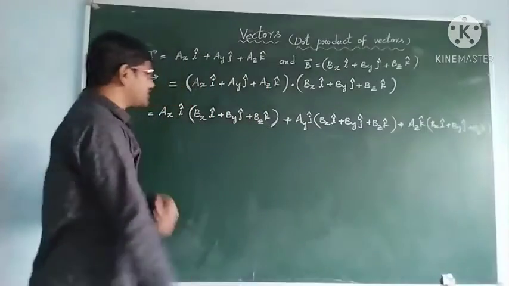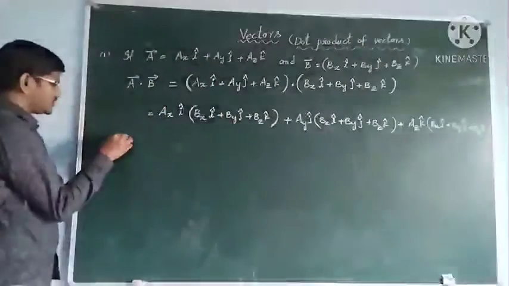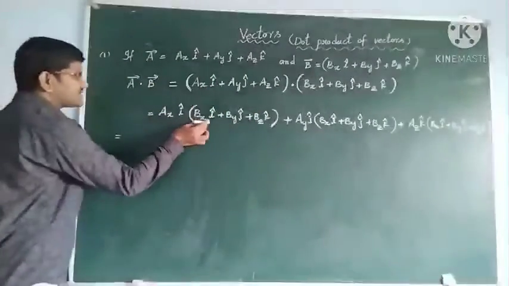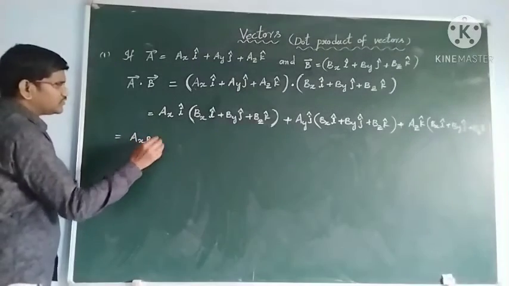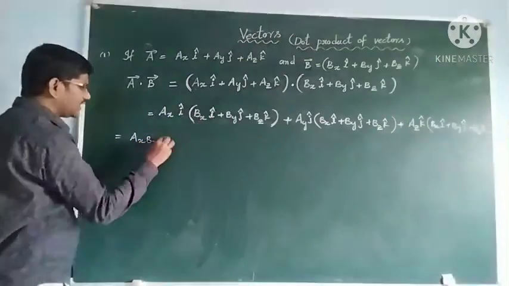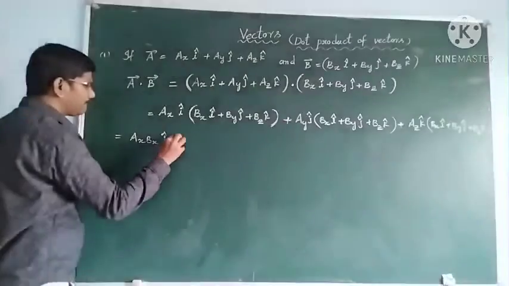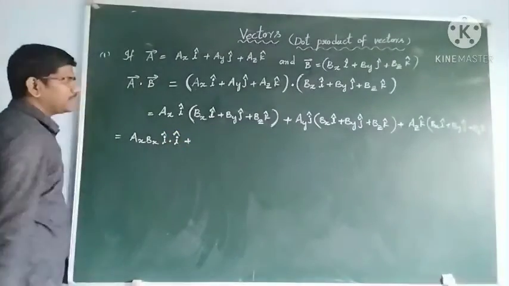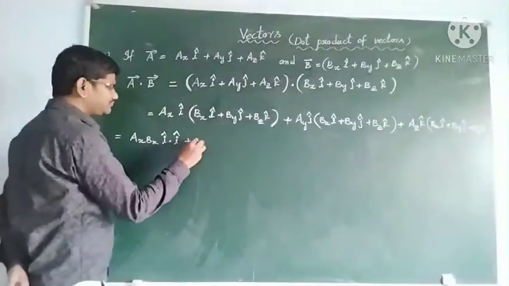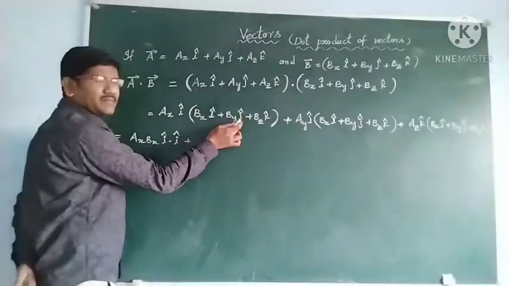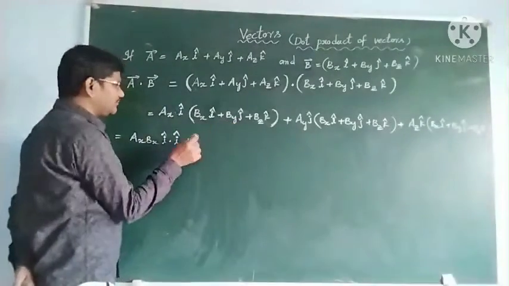Okay, students. Then Ax into Bx, I cap into I cap. So I am writing plus Ax into By, I cap dot J cap. The product value is 0.